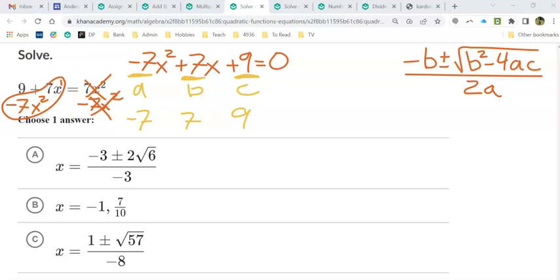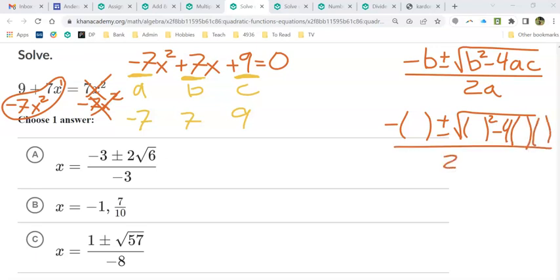I will encourage you to basically write the equation again, but without the letters, without b, a, or c. So we'll do negative and put parentheses instead. Square root, parentheses, something squared, minus 4, parentheses, parentheses, all over 2 times parentheses.